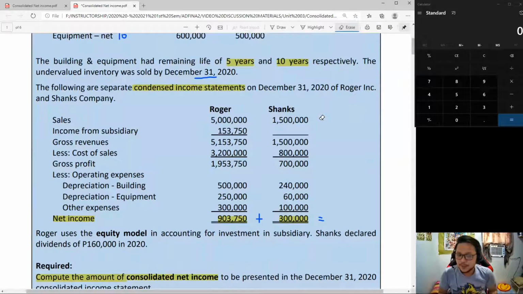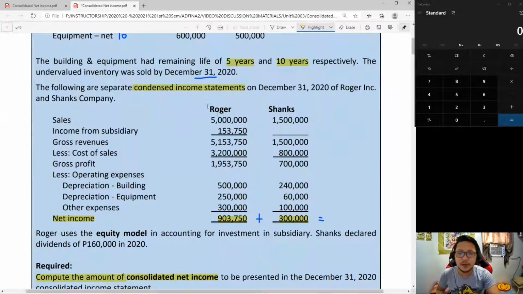However, here is an important point of emphasis that we will have to consider. Lahat po ng income na maipipresent in our consolidated net income must be income that is only of external sources. Which means, kailangan po natin tanggalin ang intragroup and intercompany revenues.